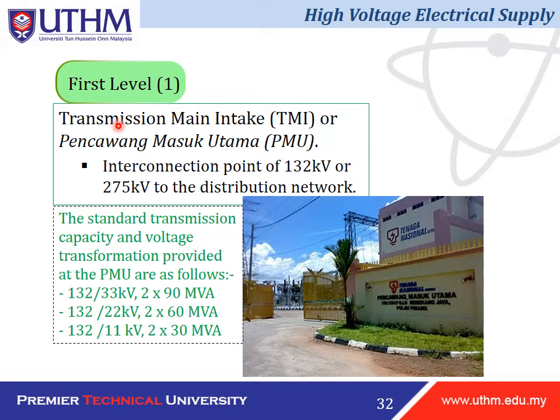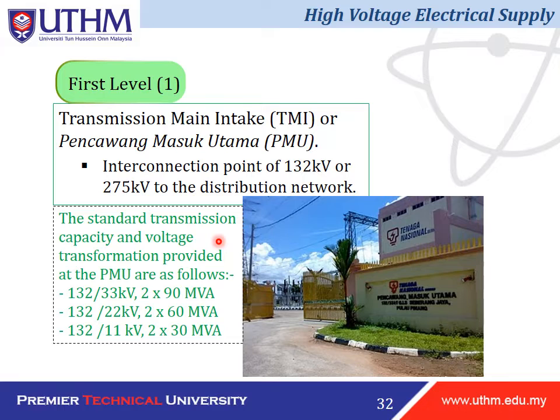Okay, the first level is called Transmission Main Intake, TMI, or Pencawang Masuk Utama, PMU. TMI or PMU is the interconnection point of 132 kV or 275 kV to the distribution network. So this is the example of PMU at Seberang Jaya, Pulau Pinang.